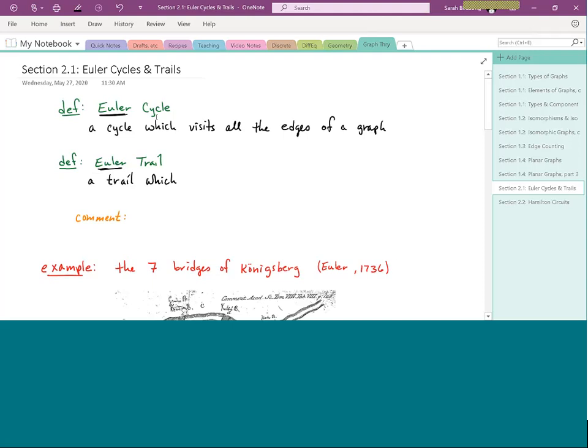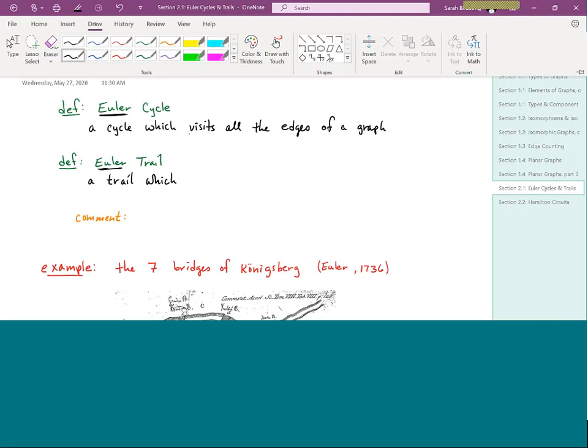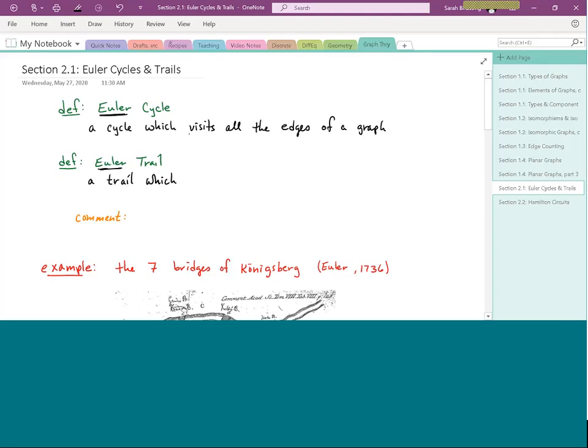If you're looking at an Euler cycle, we're looking at a cycle which is going to visit all the edges of the graph. So this is the key thing. Let me put that in a slightly different color so it's easy to pop out. We want to visit all the edges of your graph. Now, remember what a cycle is. A cycle is starting and stopping at the same point.